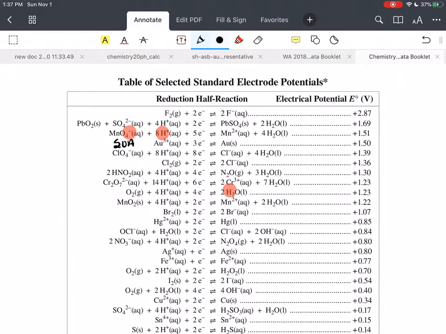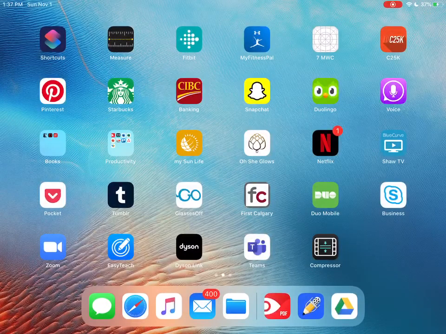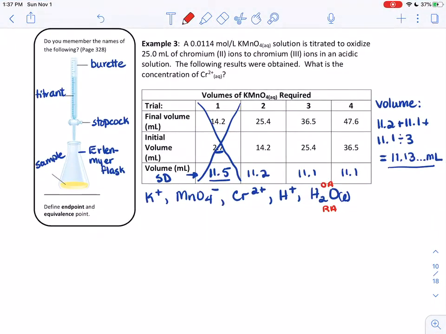And one of the nice things about any sort of stoichiometry or titration question is that the stuff that's in your beaker is the one that's undergoing the redox reaction. So in that sense, it makes the titration questions a little bit easier. So the permanganate plus hydrogen is an oxidizing agent. Hydrogen is an oxidizing agent. Chromium is both.